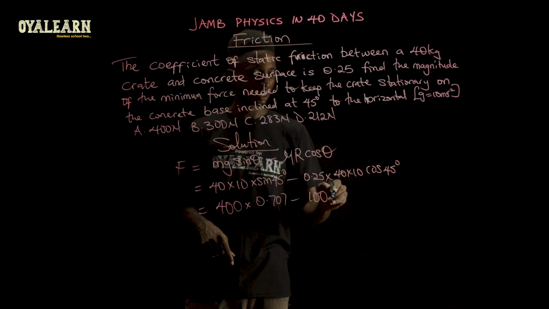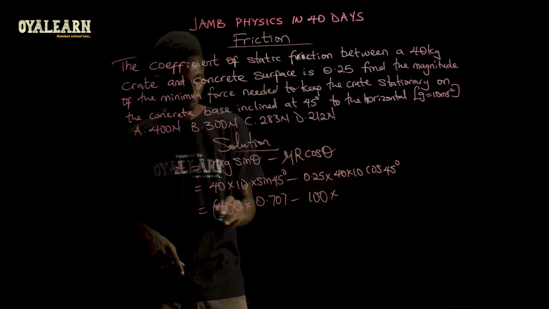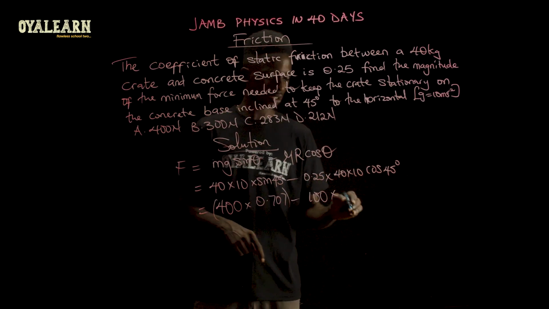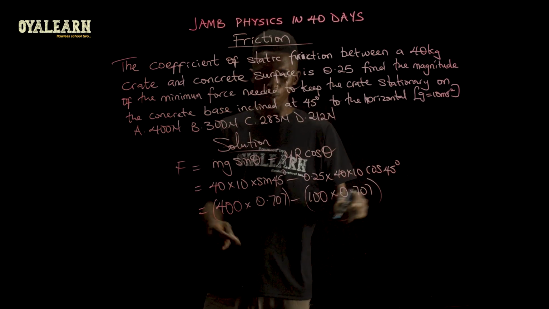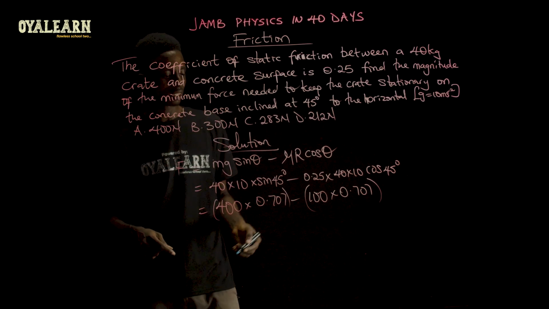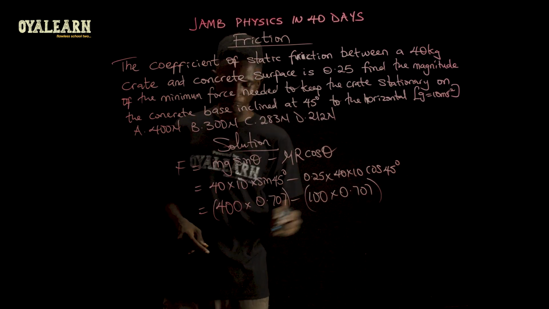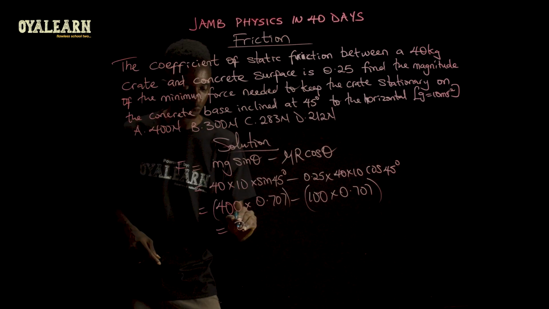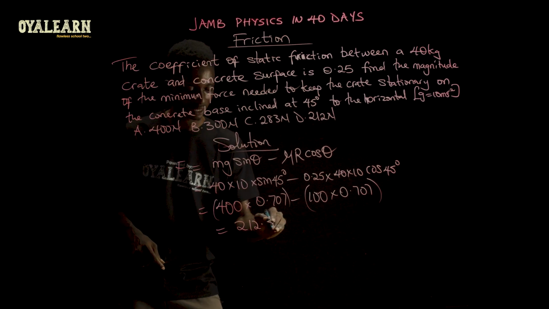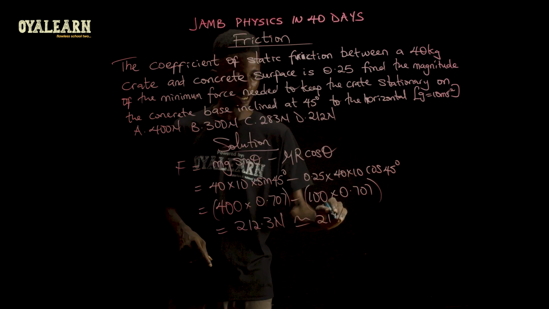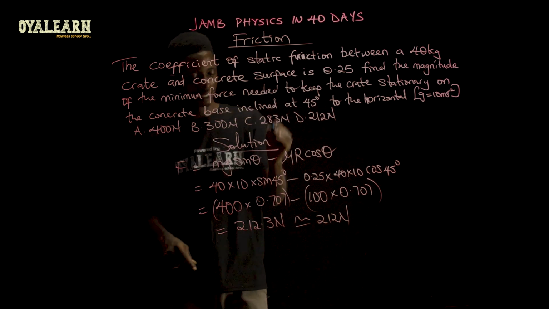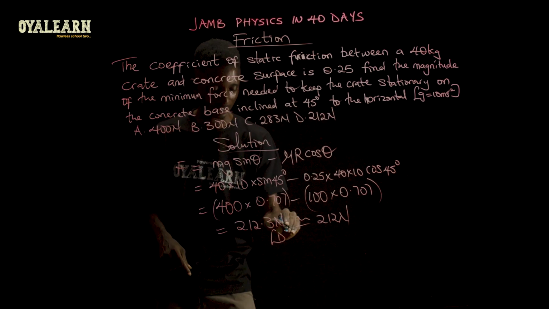So 100 times cos 45, which is also 0.707. Now when we multiply this and subtract them from each other, we'll end up with 212.3 newtons. That is approximately 212 newtons, making the correct option D.